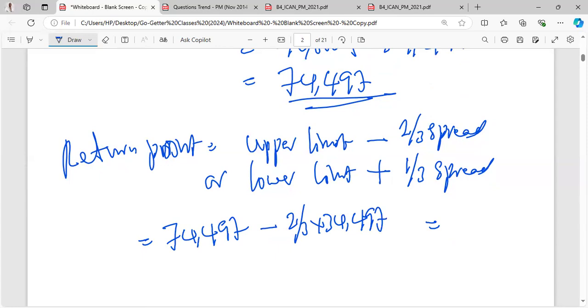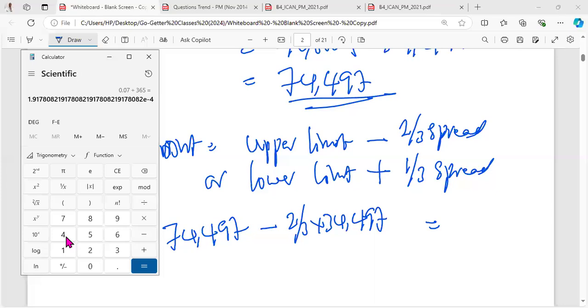So I'll start with 74,497 minus, I want to do an operation here, so I'll just put a bracket, 2 divided by 3 multiplied by 34,497.